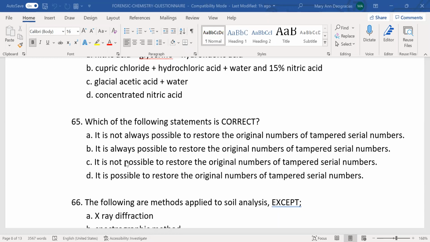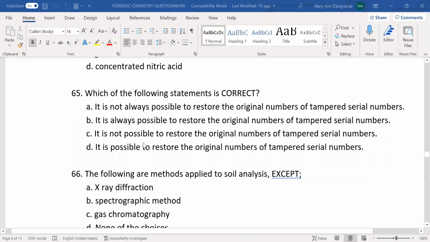B, it is always possible to restore the original numbers of tampered serial numbers. C, it is not possible to restore numbers. D, it is possible to restore. Okay, ang sagot is we have letter A. Medyo na-reword lang yung ating kanina.